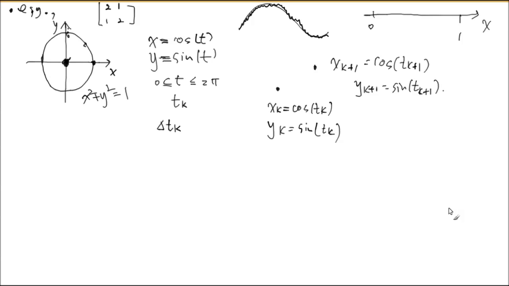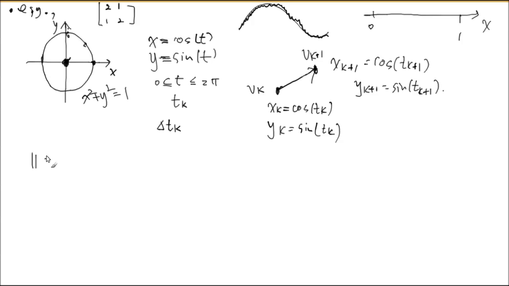All right. So you want to measure the distance between these two points, right? So we have this vector vk, and this is vk plus 1. That's the position vector.